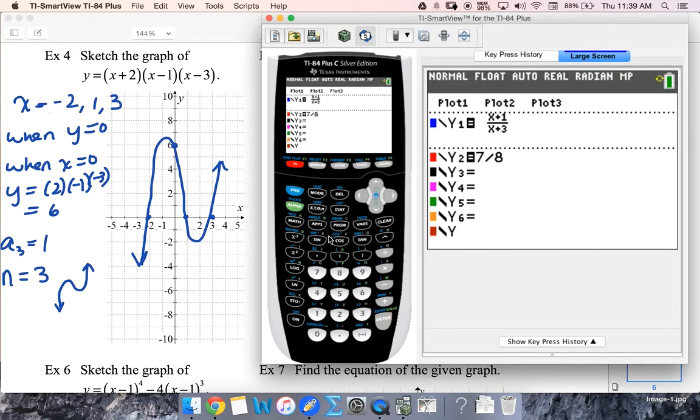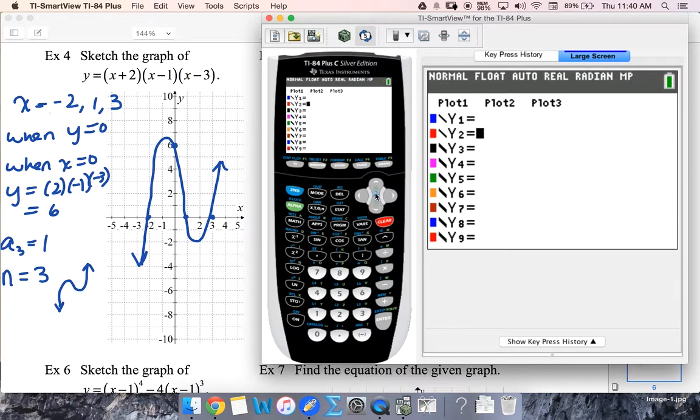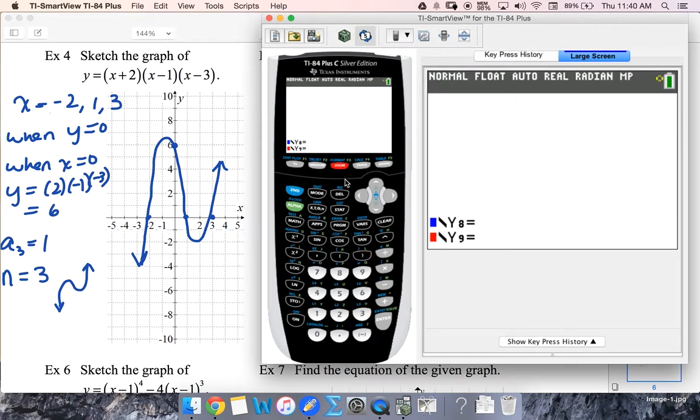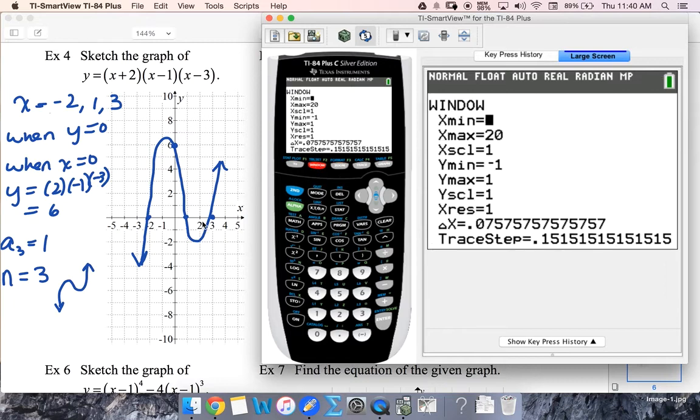Okay, so y equals, clear out what I've got here, x plus 2, x minus 1, x minus 3, and then I'm going to set up my window to match, so -5 to 5, counting by ones, and then -10 to 10, also counting by ones.